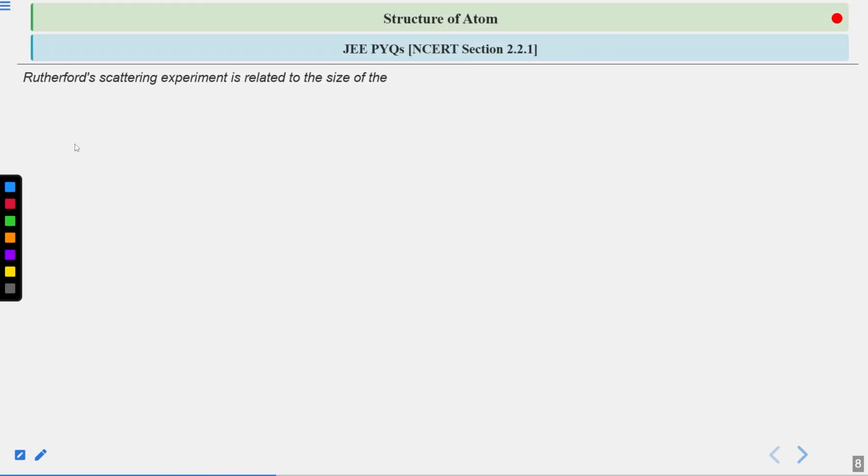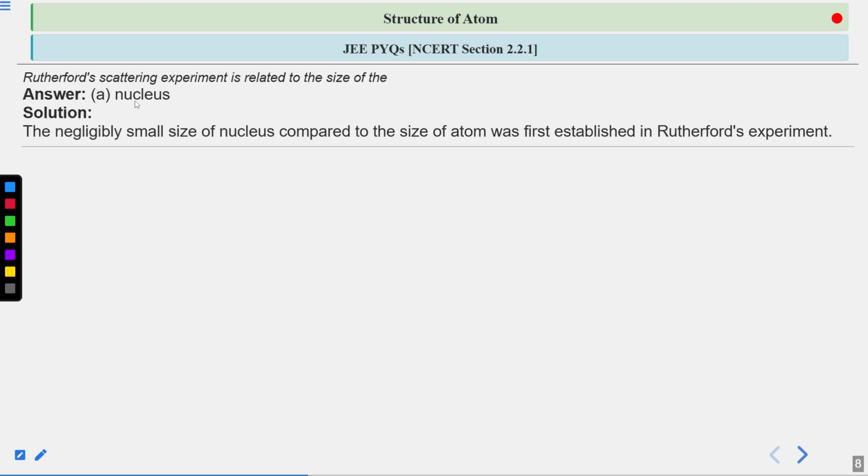So, Rutherford's scattering experiment is related to which one? It is related to the nucleus. If you remember the experiment of Rutherford, which was the alpha particle scattering experiment, you must have seen that most of the alpha particles were going straight through the gold foil, which was indicating that a positive charge is somewhere concentrated.